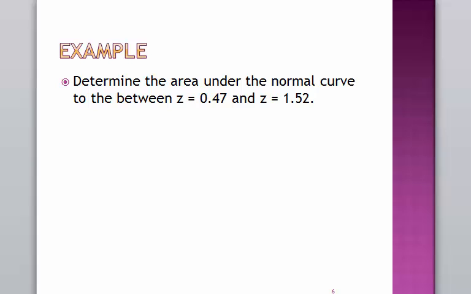Our final example asks us to determine the area under the normal curve between z is equal to 0.47 and z is equal to 1.52. So we note that both of these numbers are positive, so they both will appear on the right-hand side of the curve. Again, we're treating this like a number line across the bottom.